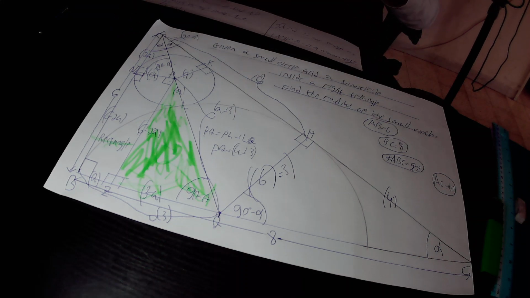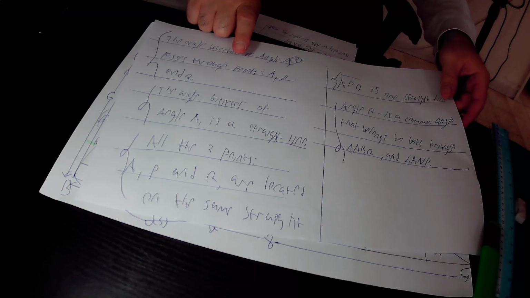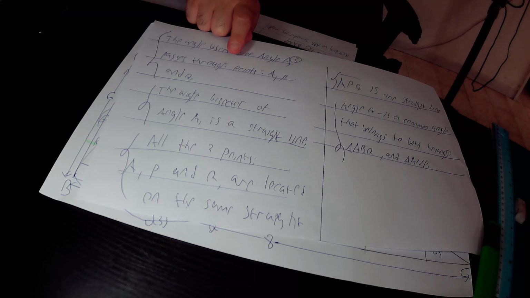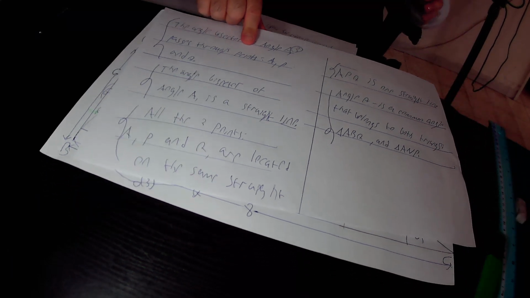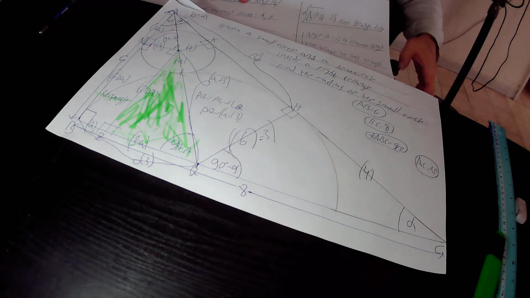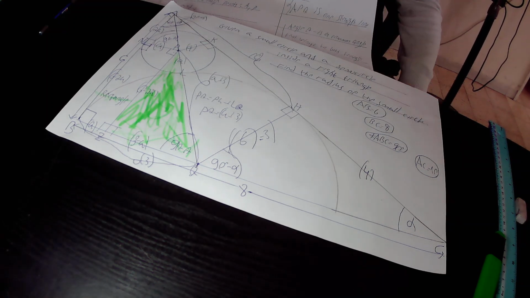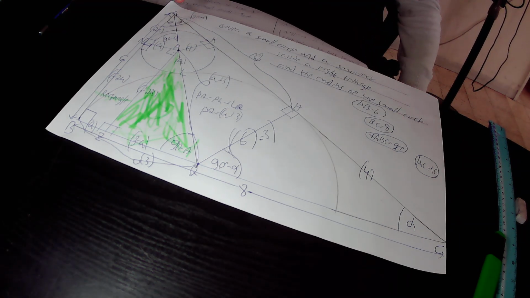But the angle bisector of any angle is a straight line, and therefore the angle bisector of angle A is a straight line, of course. So, in conclusion, we found out that all the 3 points A, P, and Q are located on the same straight line.